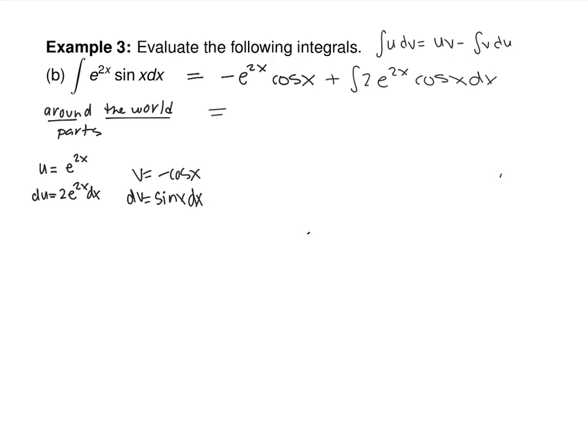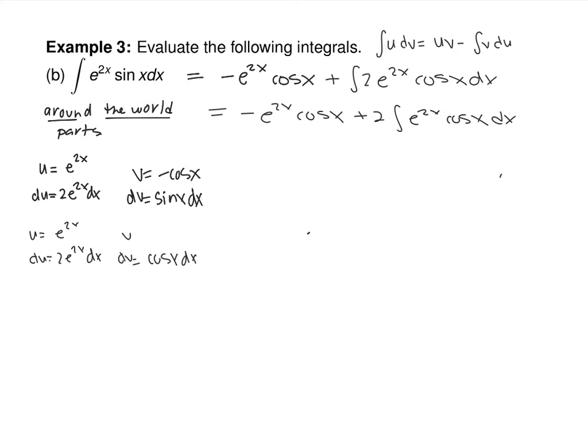Let's take that 2 out. And we're going to repeat the process. So we're going to let u equal e to the 2x again. dv will be cosine of x dx, and v will be sine of x.